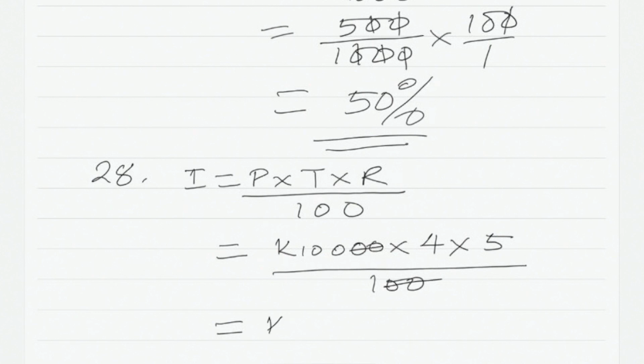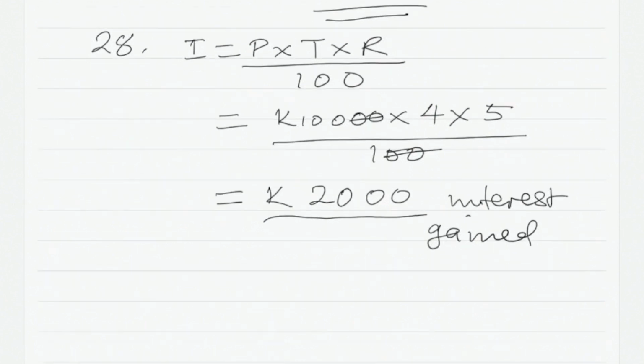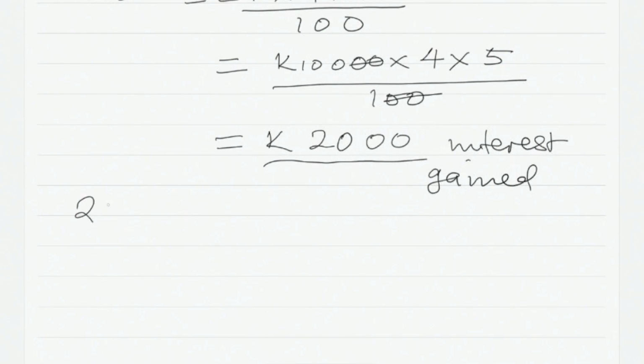So 5 times 4 is 20. 20 times 100 gives us 2,000 kwacha. This was the interest this person gained. So our answer is A.